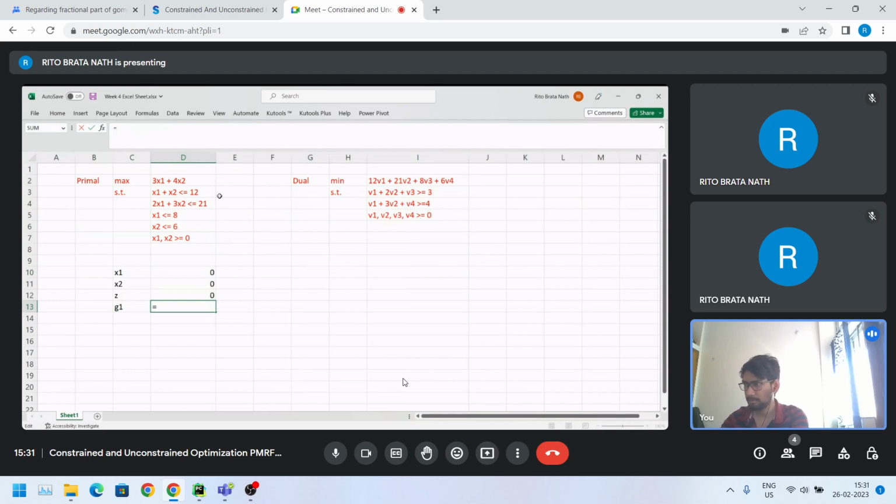G1 will be x1 plus x2. I'm writing the left hand side first. Then the sense is less than or equal to, and the right hand side is 12. So this is fine. G2 is 2 times x1 plus 3 times x2.